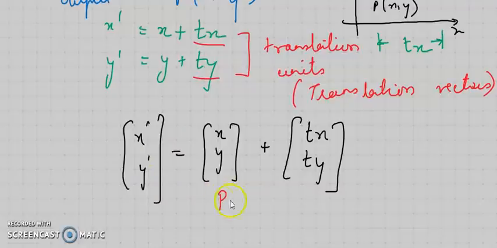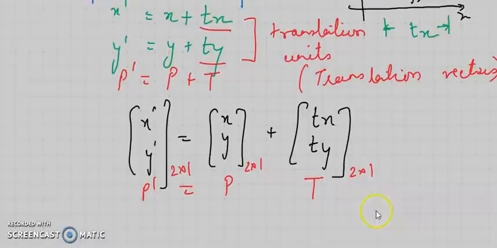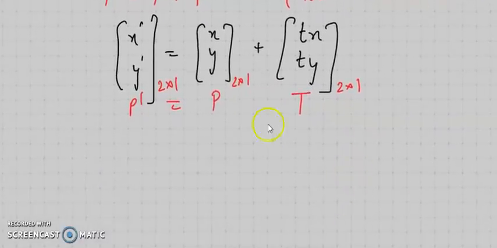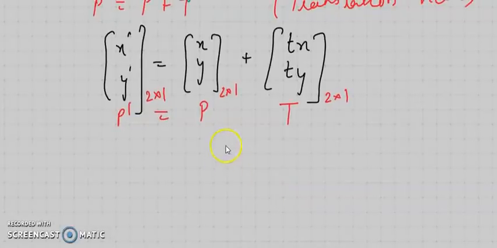Now just see, this is P, this is the translation matrix and I get P dash. So what is the formula? P plus translation should give me P dash. This is a 2 cross 1, this is again a 2 cross 1, and the resultant is again a 2 cross 1 matrix. So this is all about your basic translation. My translation values here could be positive or negative.